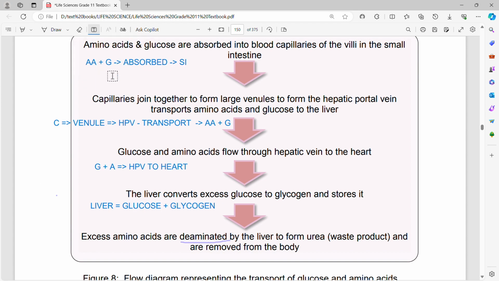So amino acid and glucose are absorbed in the small intestine through capillaries. Capillaries will form your venules. Venules will form your hepatic portal vein, which will transport your amino acid and glucose to the liver.